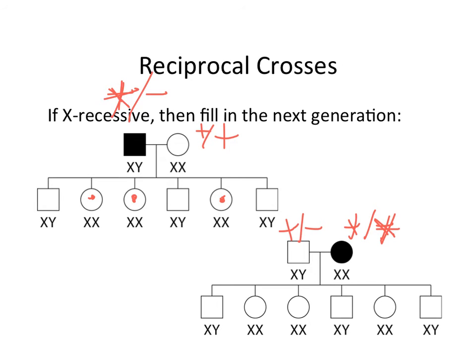Everybody, guarantee you, because the mom's homozygous for the mutation, every daughter gets a copy, plus every son. So are the sons affected or not? So sons get one copy of a recessive mutation, but it's on the X chromosome. So they get the disease, because their Y chromosome doesn't have the wild type version of that gene.